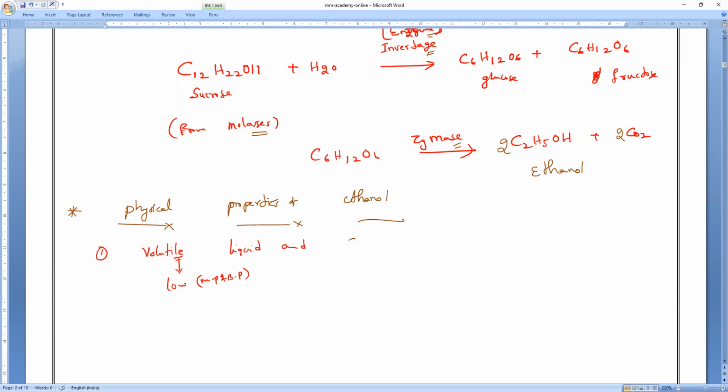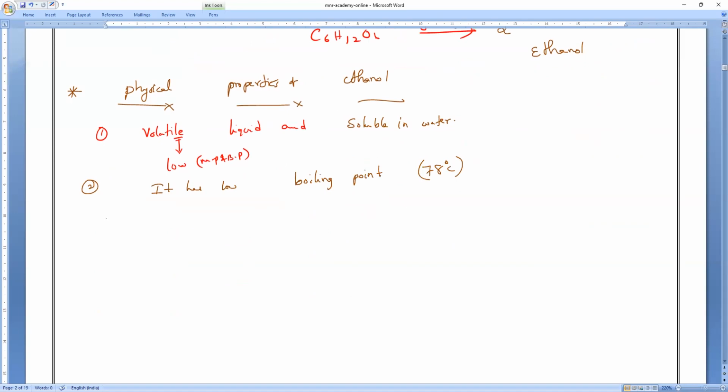So it is a volatile liquid and soluble in water. Second property, it has a low boiling point, just about 78 degrees Celsius.